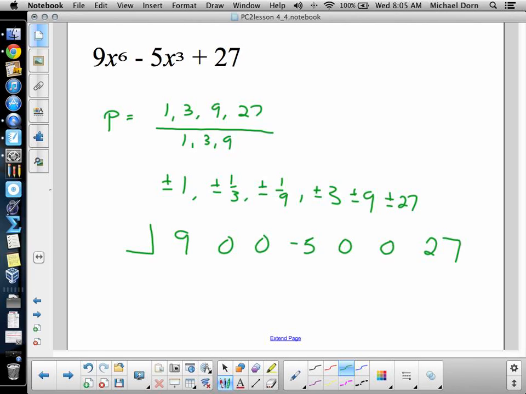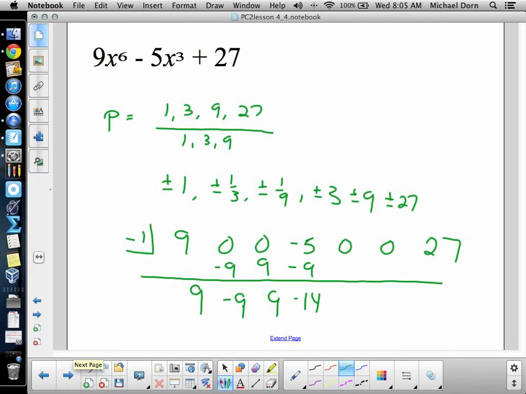Let's try negative 1. Let's see where we wind up. So that gives me a 9. Negative 1 times 9 is negative 9. Negative 9. Positive 9. Positive 9. Negative 9. Negative 14. Positive 14. Negative 14.